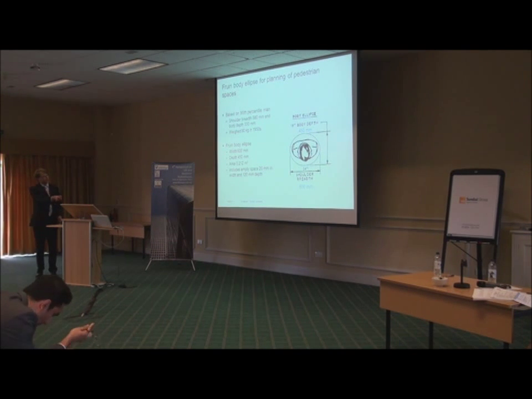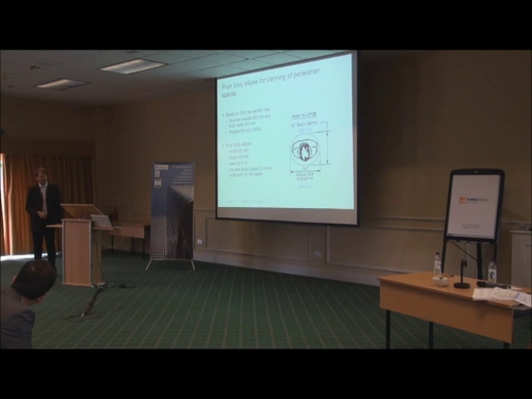So here you can see the body ellipse, which has a width of 600 millimeters and depth of 450 millimeters, and it already assumes some space around the actual body. So after all, even if these kinds of ellipses hit each other, still the bodies do not touch each other in the analysis.